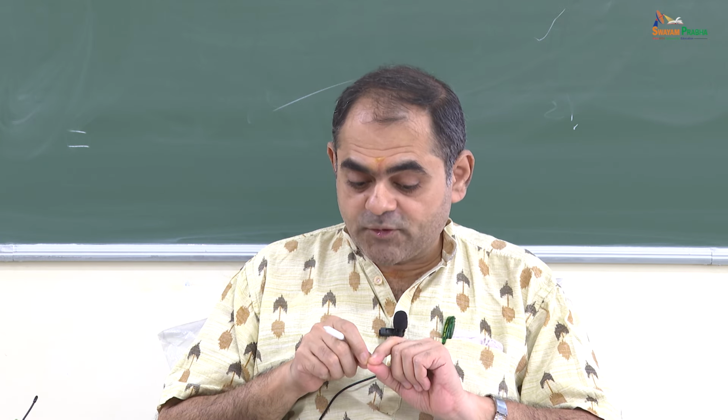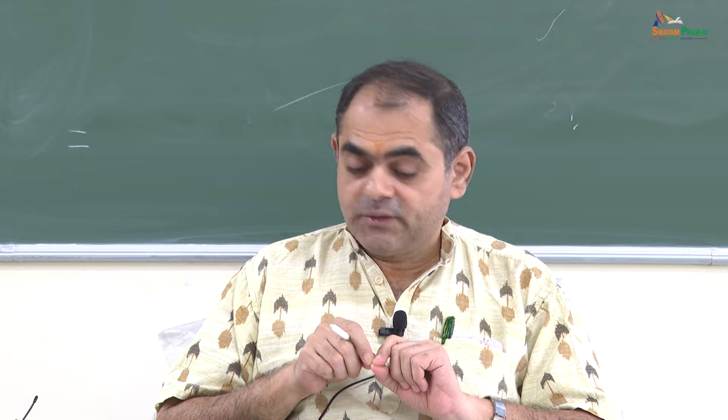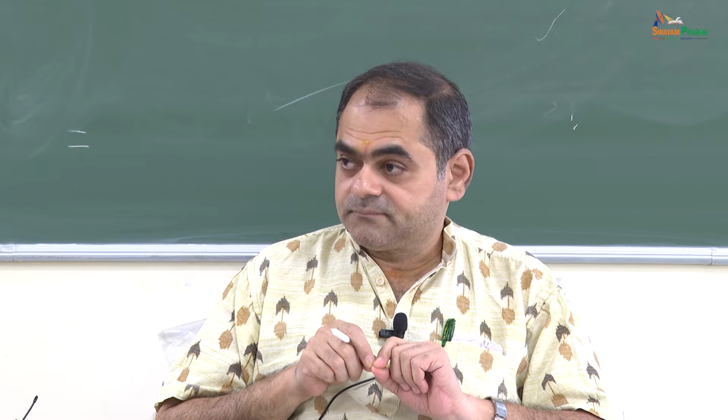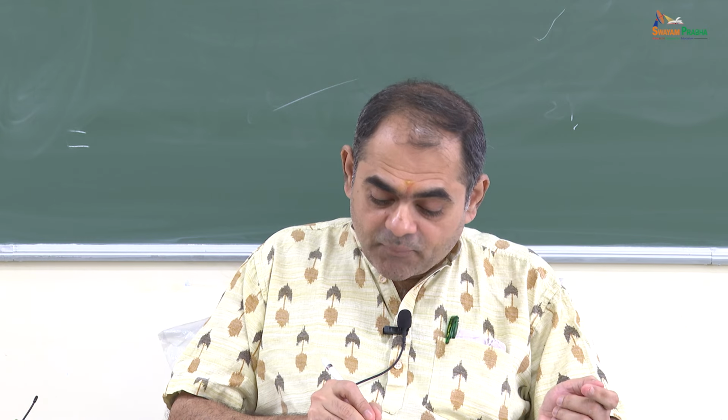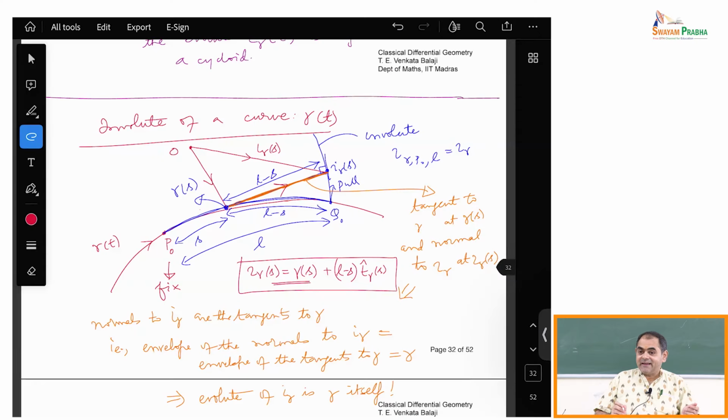You are starting from q0, but q0 corresponds to s equal to L. So the important thing here is that s is decreasing from L to 0. So this is very, very important. Yes, decreasing from L to 0. That is something that you have to remember because of the way we have done it.